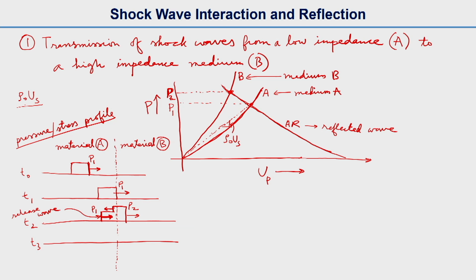Both of them we can call a release wave, but the first one is the release wave of the primary wave, and the second one, which is traveling from right to left, is a release wave. I will just show it with an arrow here. This is the release wave that is reflected back from the interface.